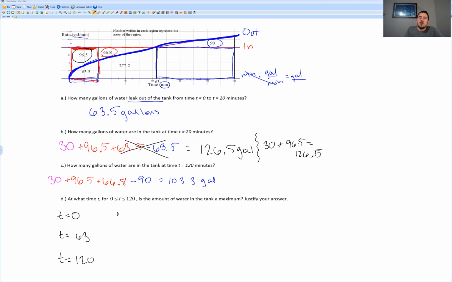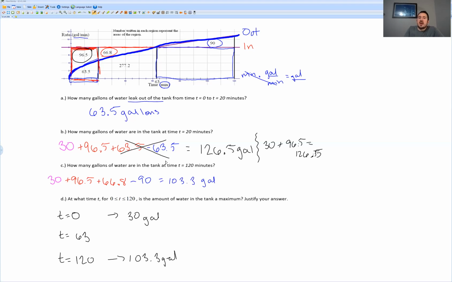So at time t equals 0, we already said that that was 30 gallons. At time t equals 120, we said that that was 103.3 gallons. So the only thing we really have to calculate now is time being 63, which just means, if we're looking at that previous work, this was the interval from 63 to 120.